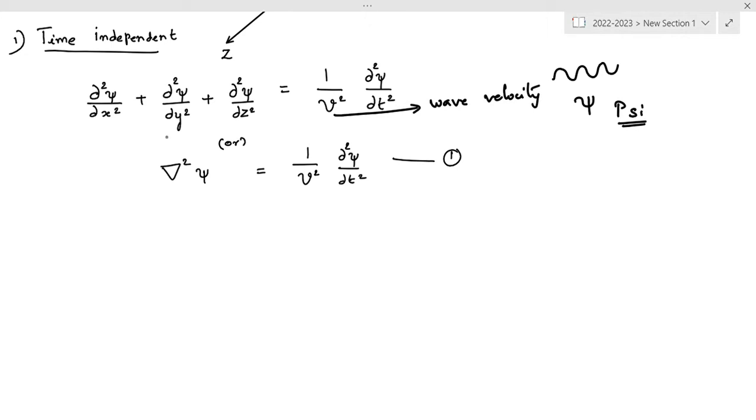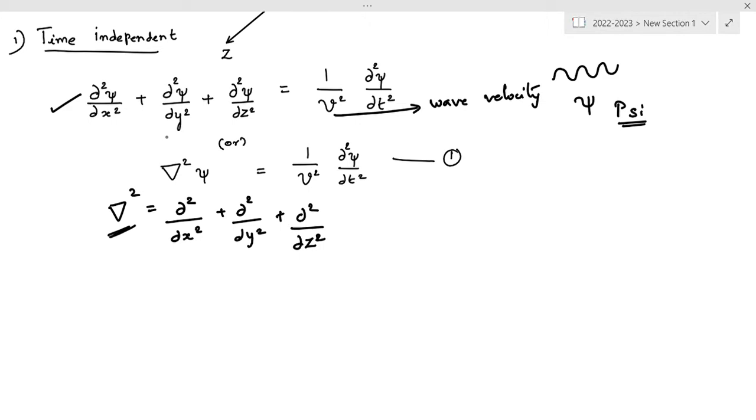Or simply, the above equation can also be written as del square psi is equal to 1 by v square del square psi by del t square, where del square is equal to del square by del x square plus del square by del y square plus del square by del z square, which is called the Laplacian operator.